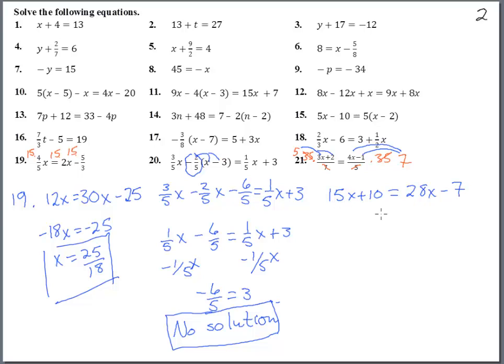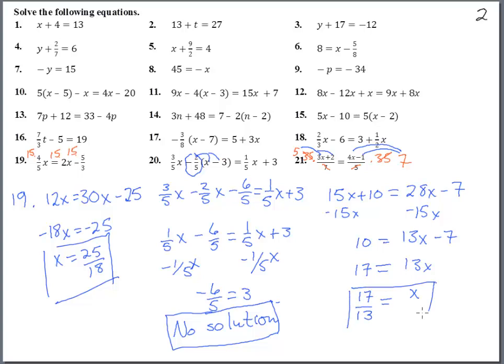I'm going to subtract the 15x to get those both together. We get 10 equals 13x minus 7. Add 7 to both sides. 13x equals 17, and divide by 13. And there we have it.